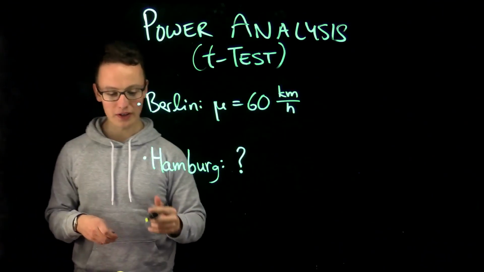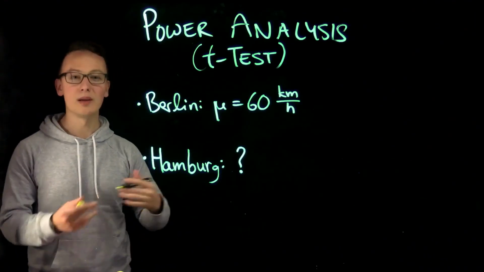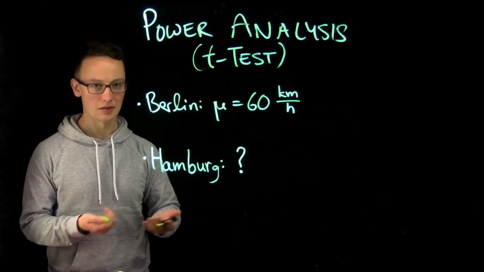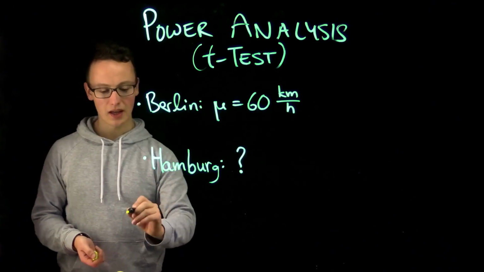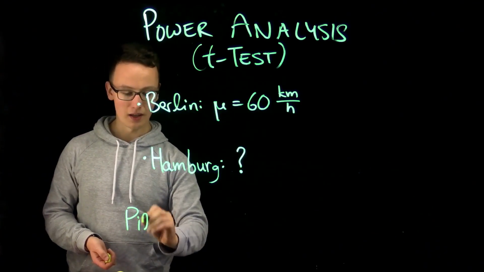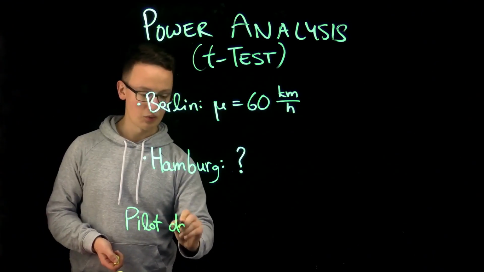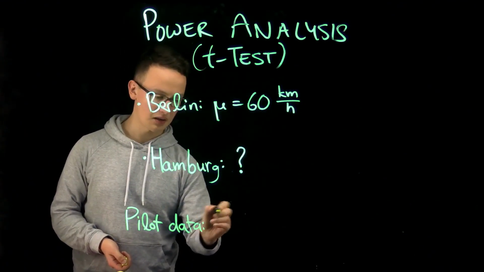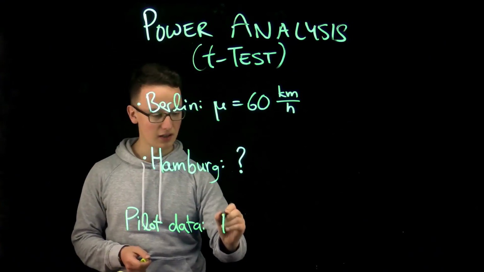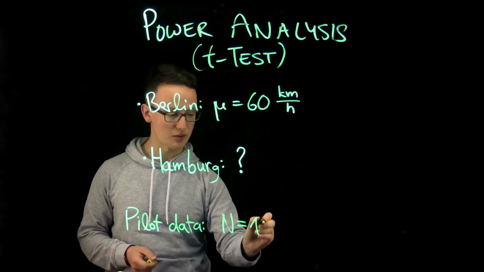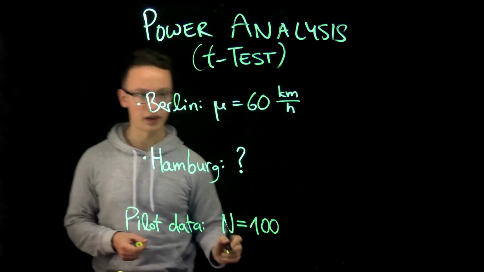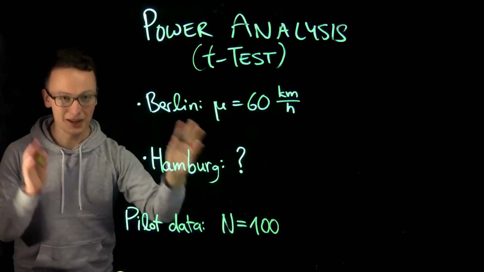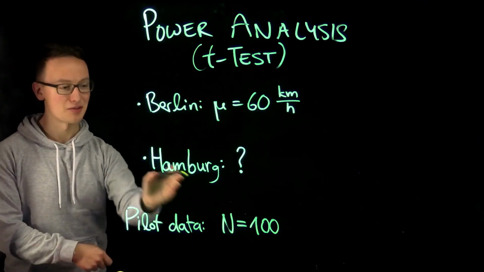Let's say we've already collected some preliminary data just as a check basically that everything works, and we have already a pilot data set which is actually, well, let's say not so small, so it actually has a rather decent sample size of 100 subjects. So the subjects would be the cars entering Hamburg in this case.